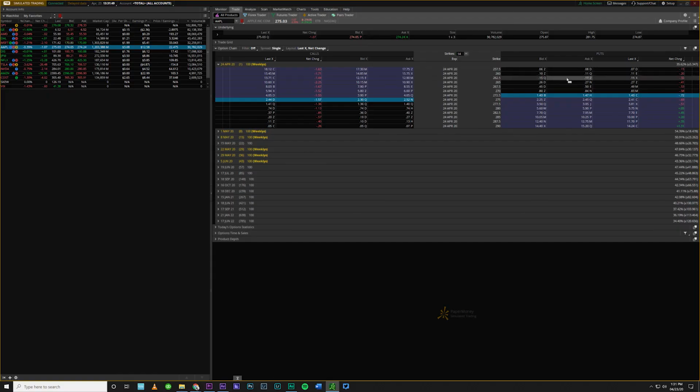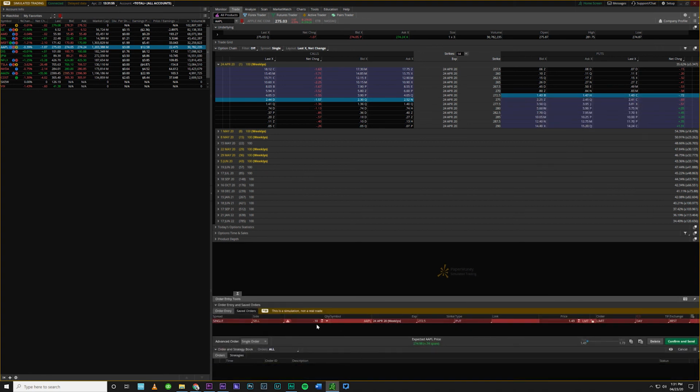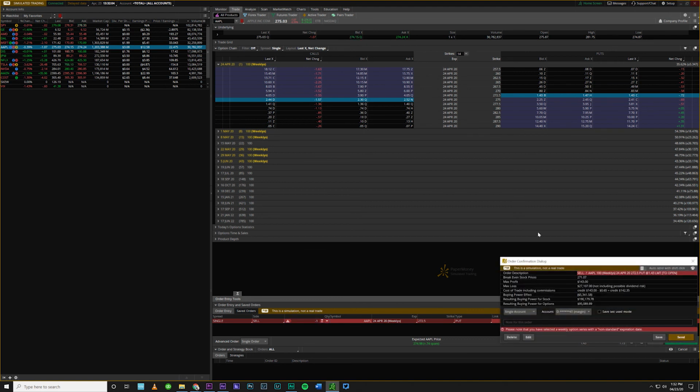So what do we want to do if we want to sell a contract, right? So if I want to sell a contract to somebody else, because I want to gain the premium that they are paying for the contract, then how do I do that? Well, it's just the opposite. You're going to right click on the underlying strike price. You're going to sell single, and this is going to bring up your single contract that you can sell, take it down to one. Of course, you want to sell it at $1.43 here, which is actually $143.